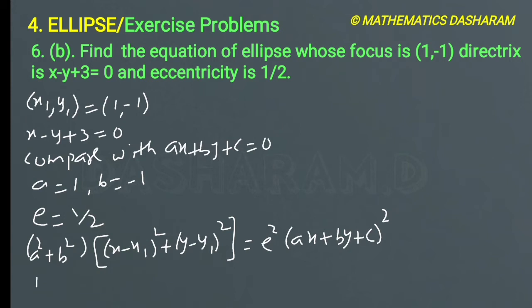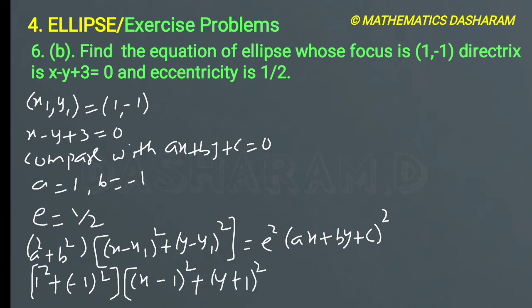Here a value is 1, so 1 square; b value is -1, so bracket of (x - x1), x1 is 1, whole square; (y - y1), y1 is -1, so minus of minus, plus 1, whole square. Next e², that is (1/2)². Then ax + by + c, that means (x - y + 3)².